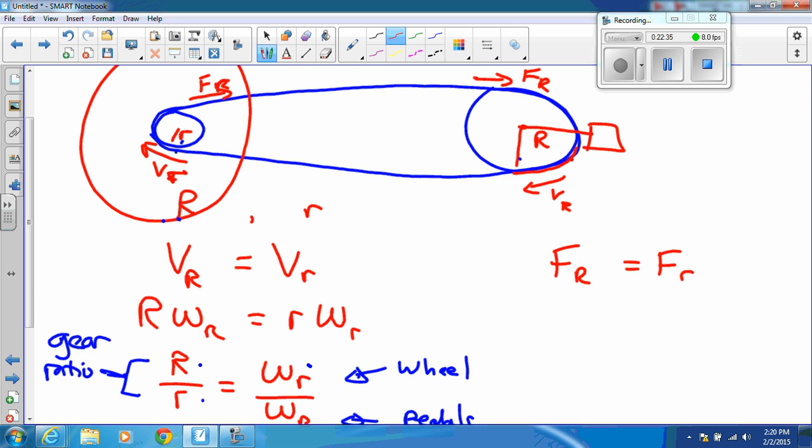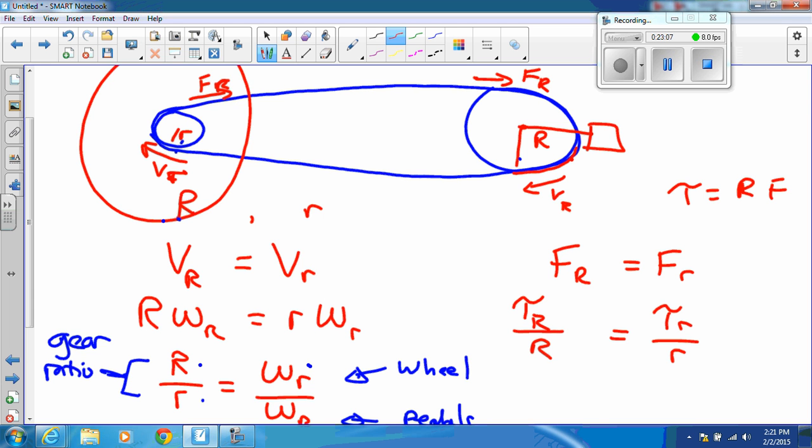Now, how can we define that force? Well, we're going to define it in terms of torque. Remember that torque equals force times radius, right? So we're going to say that the amount of torque at big R divided by the radius at big R equals the torque at little r divided by the radius at little r, because the forces have to be equal.